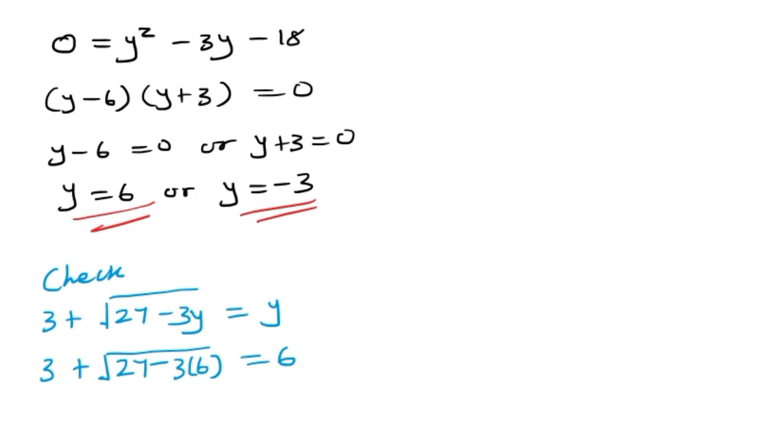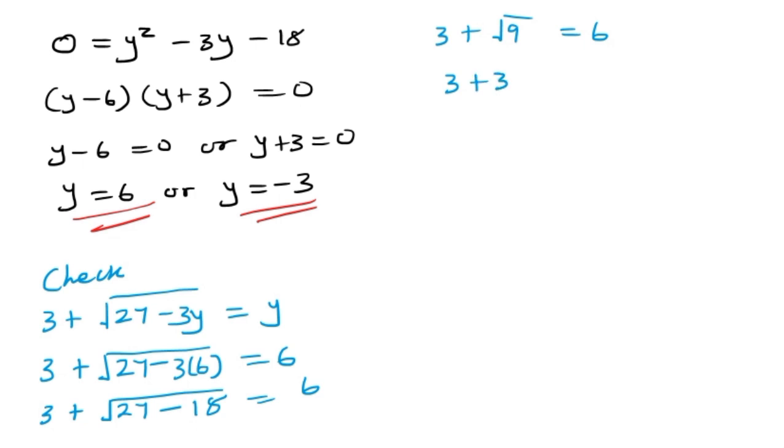We have 3 plus the square root of 27 minus 18 equals 6. This gives us 3 plus the square root of 9, and the square root of 9 is 3. So 3 plus 3 equals 6, and we can see that 6 equals 6.